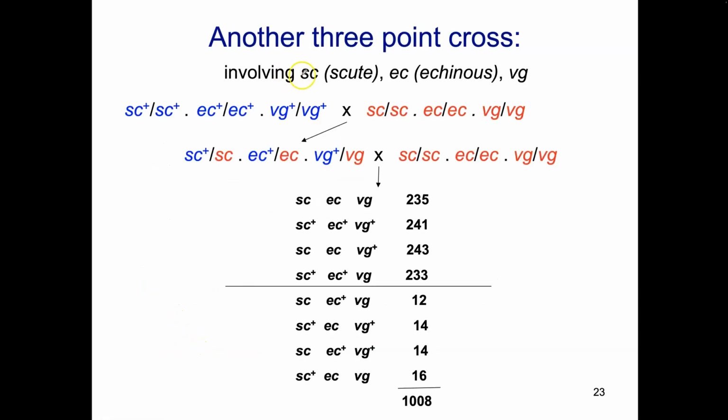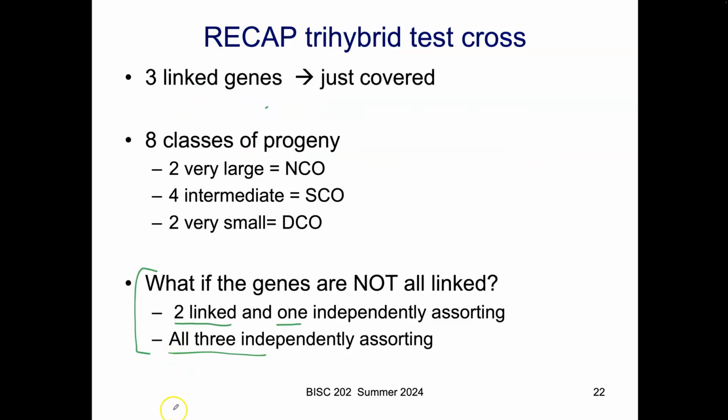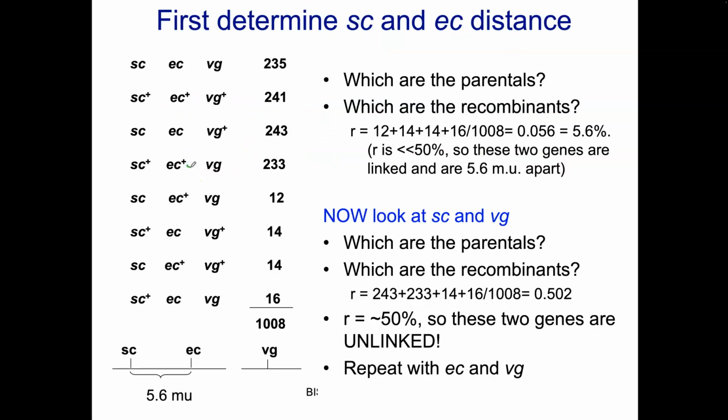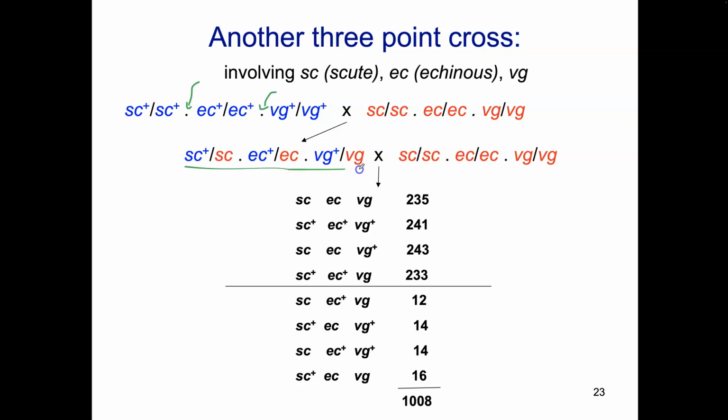Okay, so here's another 3-point cross, and in this case, notice these dots, which I will point out frequently because I just want you to get it burrowed into your mind that those dots mean we don't know the linkage relationship between the genes. And we make a trihybrid, and we do a test cross, and we see this kind of a pattern.